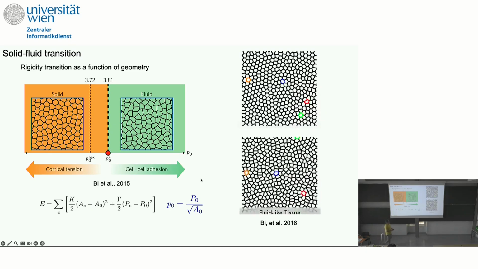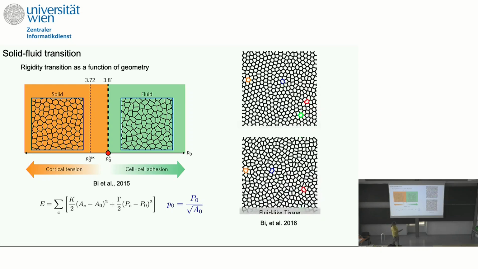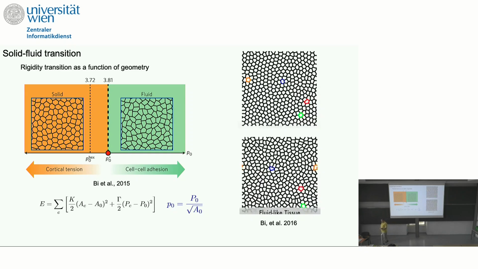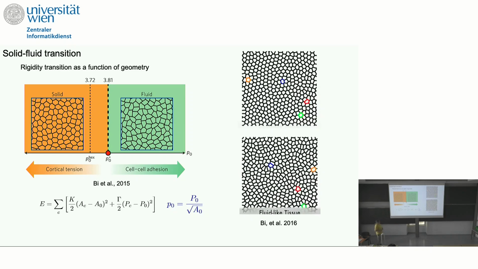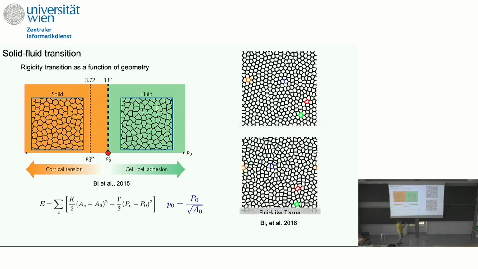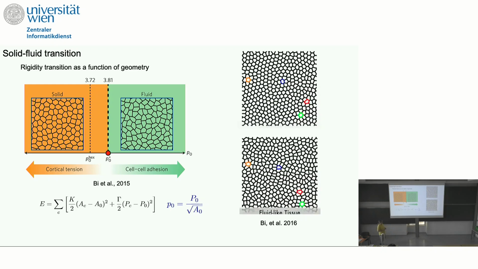You see that they actually start moving around. One can calculate the mean square displacements and things like that and see that this is truly diffusive behavior. And it's all driven by this single dimensionless parameter, which is really very, very interesting.